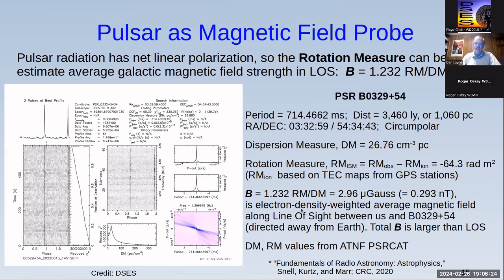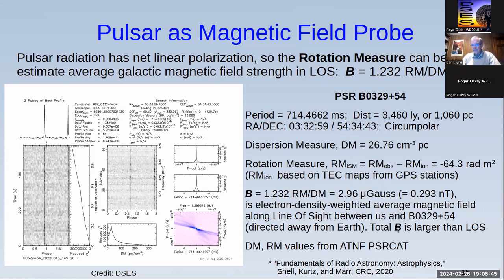It's electron density weighted because we use the dispersion measure in the calculation. That's all the dispersion measure tells us, the average electron density. So that gives us one value for the magnetic field strength in the Milky Way between us and the pulsar.